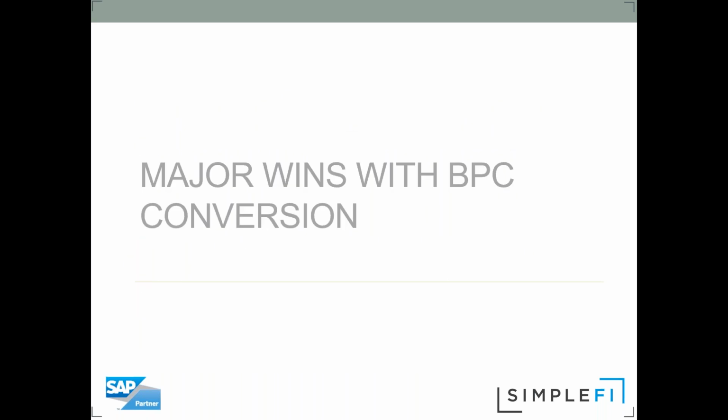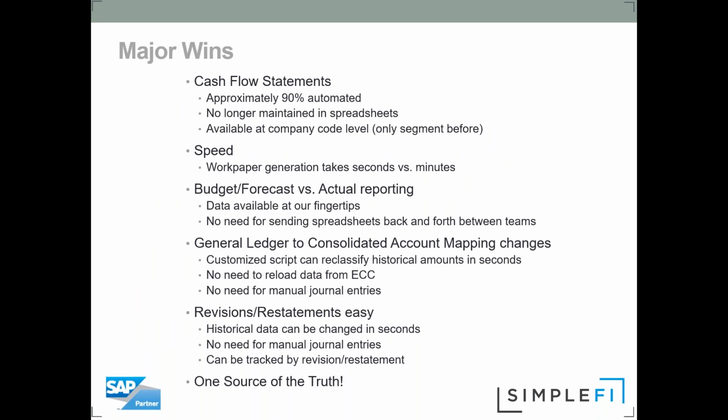So what were the major wins with the conversion? For this company, I think the first two, hands down, had them smiling going into their financial closes every month, because the cash flow statement took them a long time.